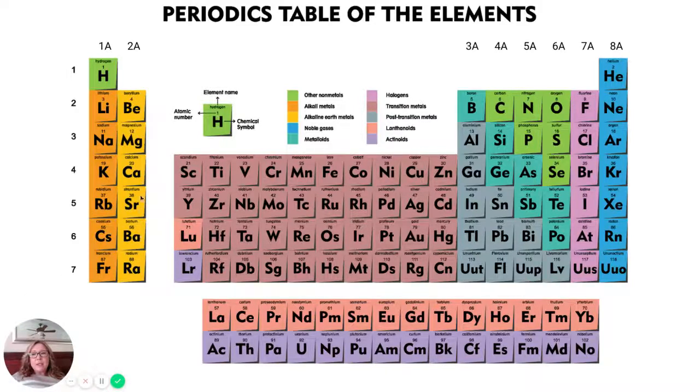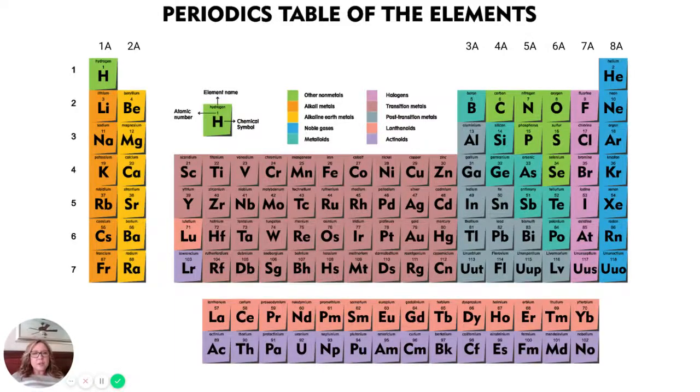All the elements in column 2A have 2 valence electrons. Forget about the stuff in the middle for now. I just want to talk about basics in this video. The stuff in the middle and at the bottom don't play by neat and tidy rules, but we're going to talk about the ones that do follow the rules right now. So all of these in column 3A have 3 valence electrons. These have 4 valence electrons, 5, 6, 7, 8. So once again, the periodic table saves the day.